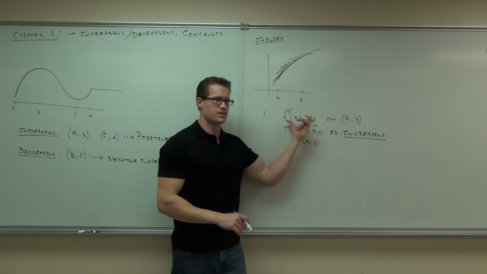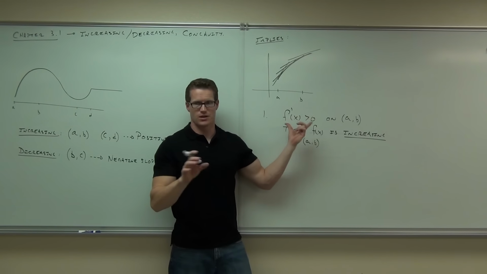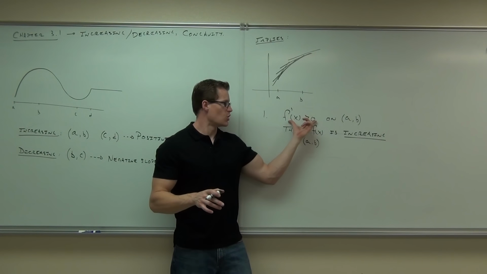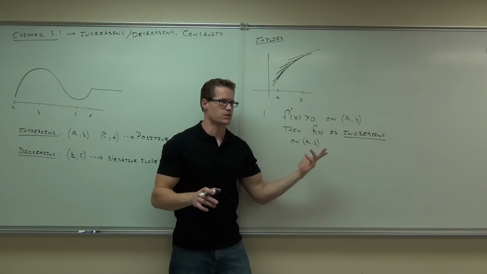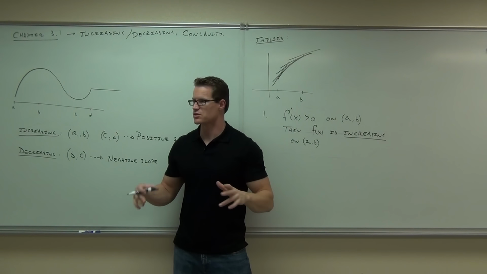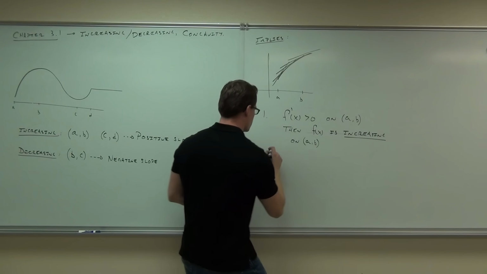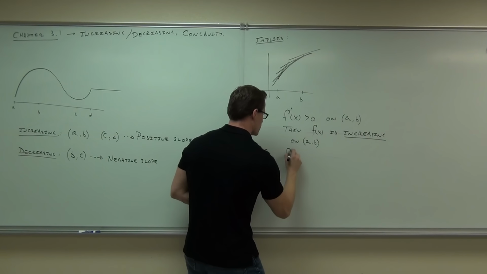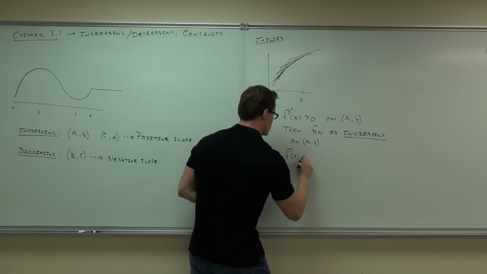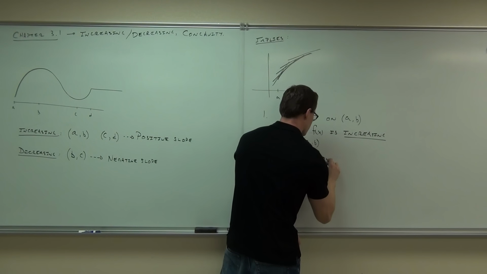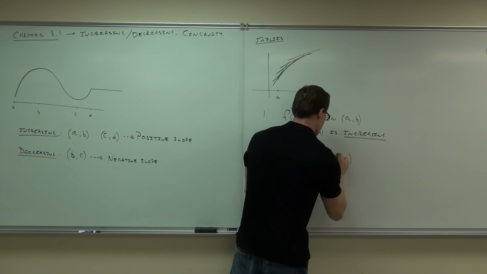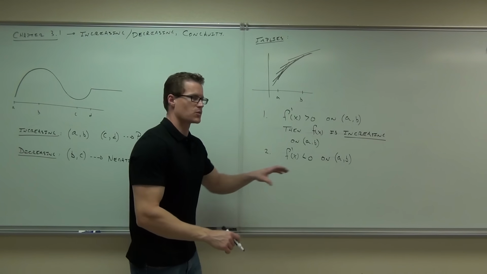That's all this says. Here it is in English for you. If the slope's positive, you're increasing. That's all it says. You guys understand that idea? If the slope's positive, you're increasing. If the slope is negative, then f of x is decreasing on the interval.